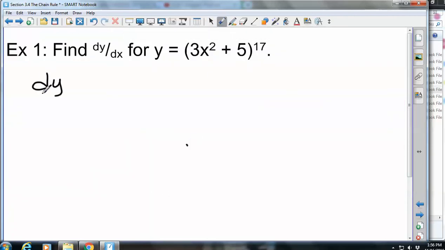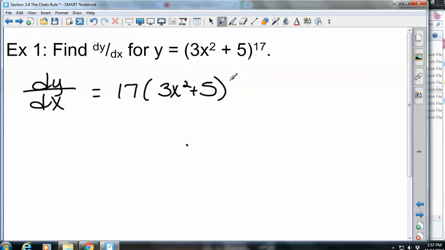Alright, so my derivative here, dy dx or y prime, is the derivative of the outside. The outside part is that 17th power. So the 17th power is going to come down, inside stays the same. Subtract 1 from the power, so now it is 16, times the derivative of the inside. What's the derivative of the inside? 6x.